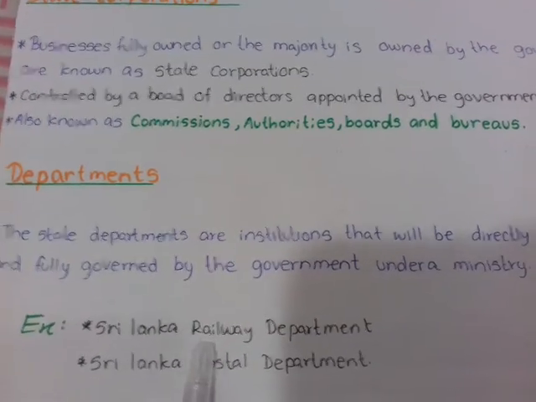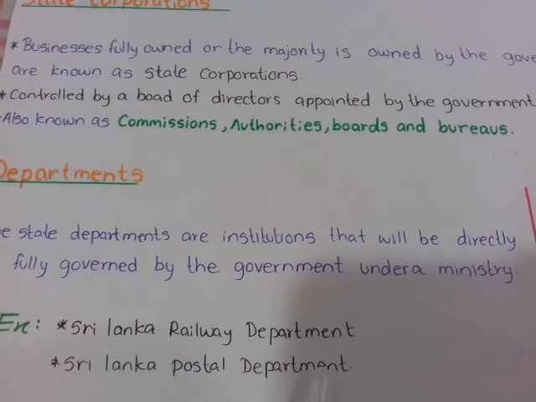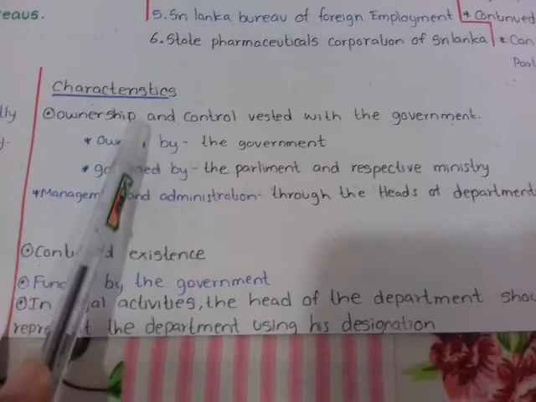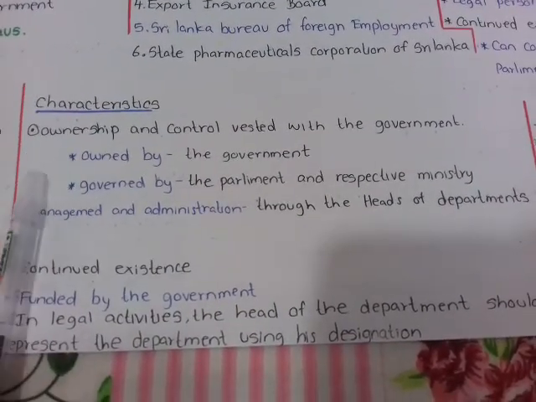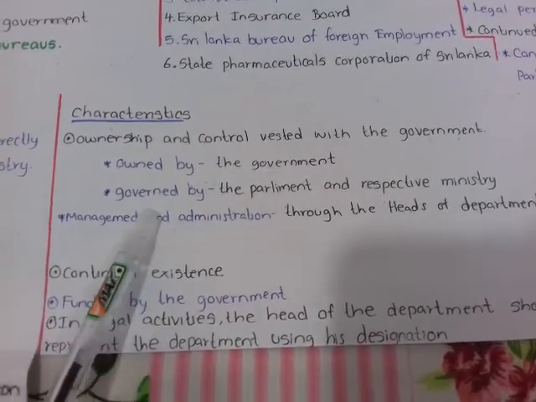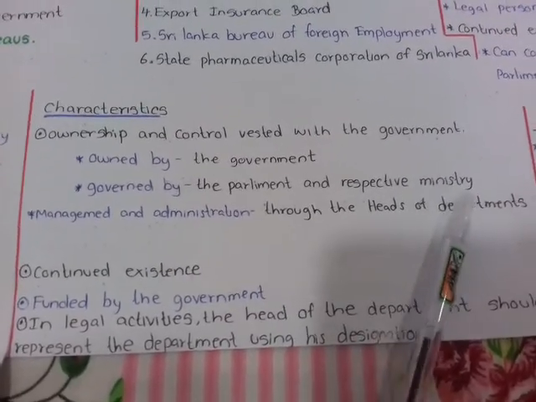Examples: Sri Lanka Railway Department, Sri Lanka Postal Department. And here you can see the characteristics. Ownership and control vested in the government. That means it is owned by the government and governed by the Parliament and respective ministry.